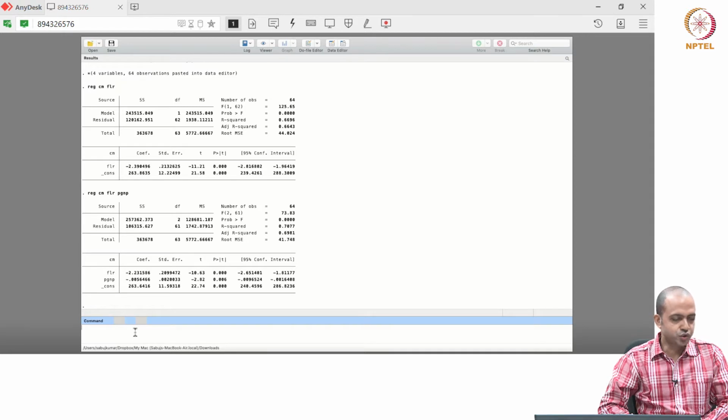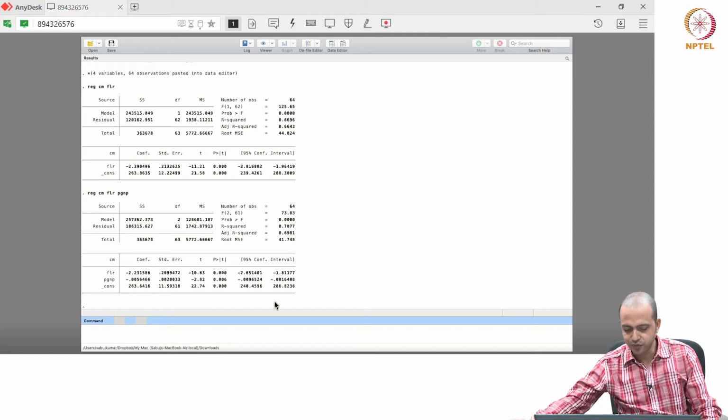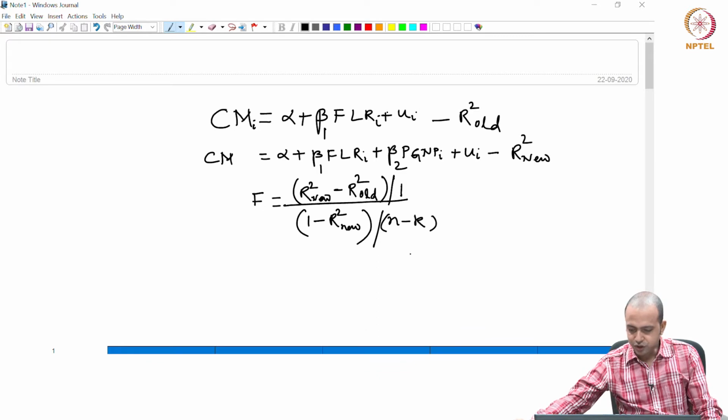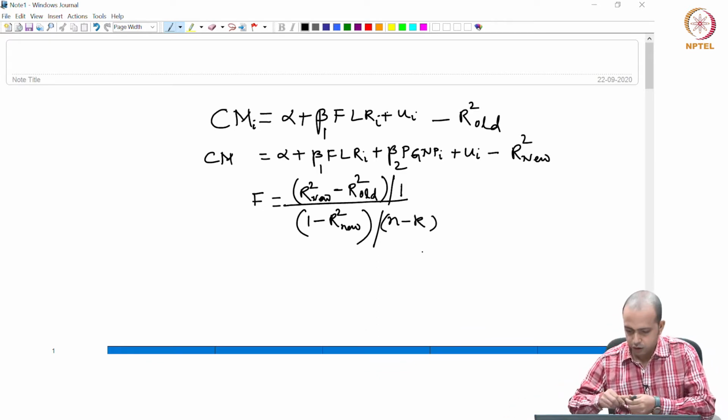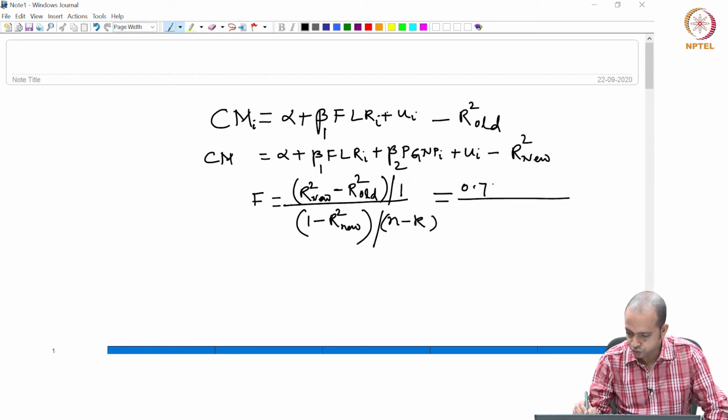Now, you have to use these two R square values and put them into the function we defined earlier. So, here this would become 0.70 minus 0.66, divided by 1 into 1 minus 0.70, divided by n minus k.